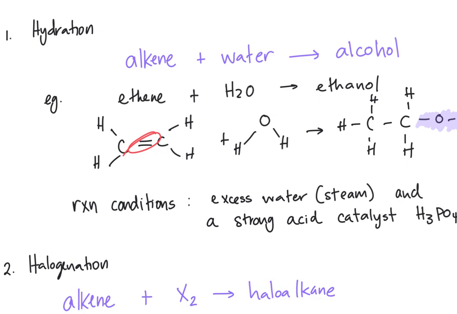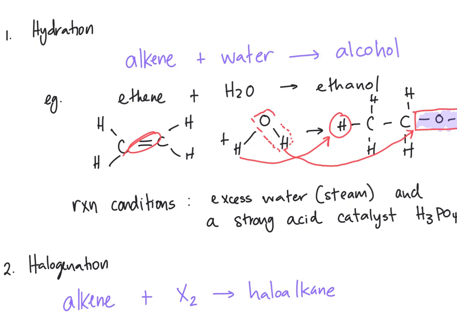So if I look here, this hydrogen comes from there, and this OH comes from this OH here. And that is how I get an alkene and water to turn into an alcohol.